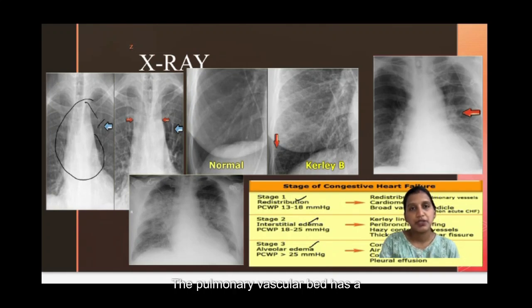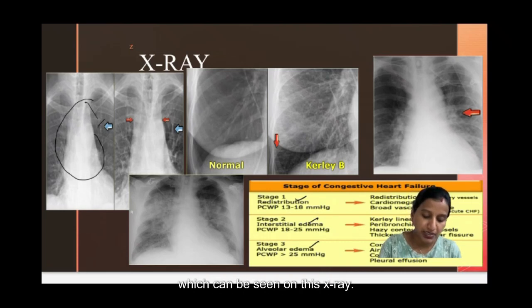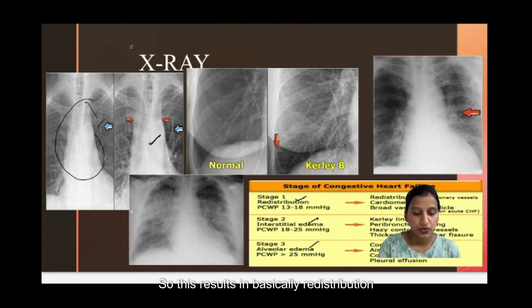The pulmonary vascular bed has a significant reserve capacity, and recruitment may open previously non-perfused vessels and cause distension of already perfused vessels. This results in redistribution, which can be seen on this X-ray, wherein you can see even the vessels in the upper lobes are more prominent. So this results in redistribution of the pulmonary blood flow.